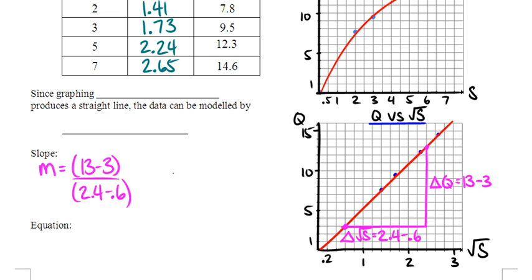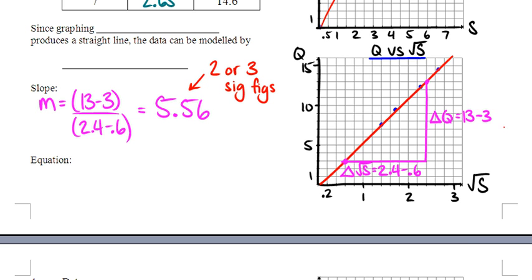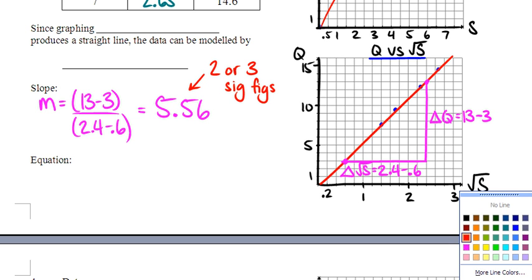And we want 2 or 3 sig figs on that answer. So I'm going to call it 5.56. Again, 2 or 3 sig figs for all of these slopes when we don't have the uncertainty. So the answer is maybe 5.5-ish. If you're between 5 and 6, I would say that's probably pretty darn good.